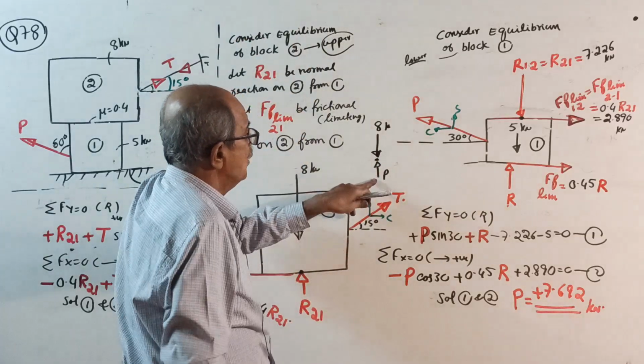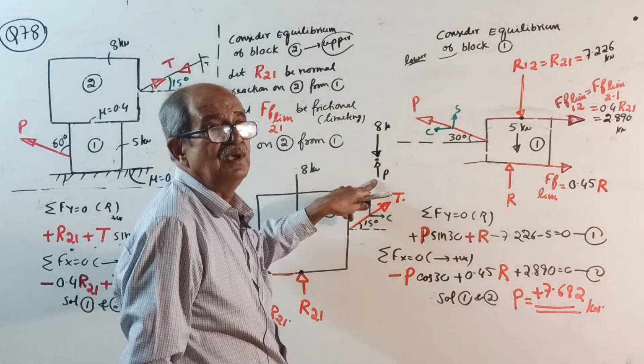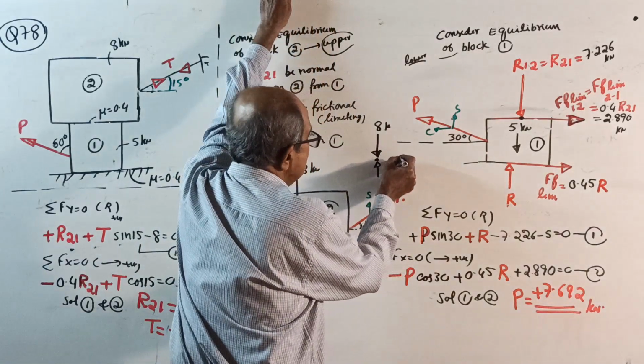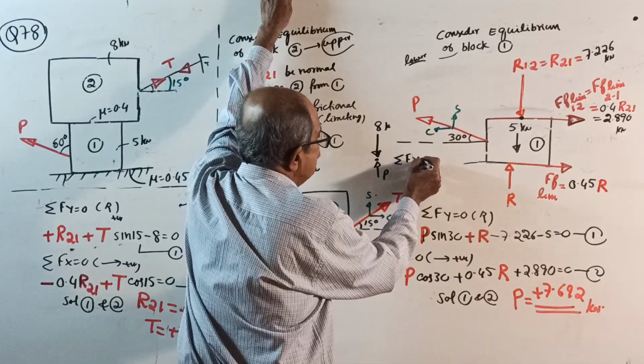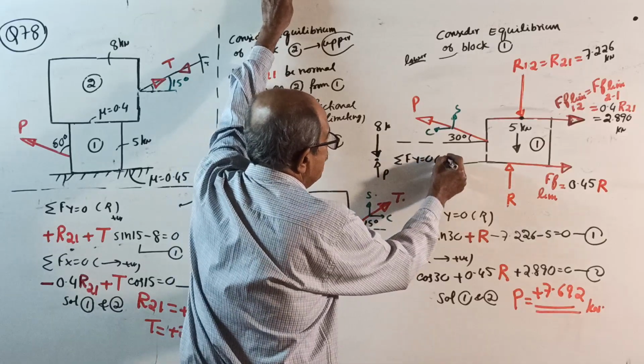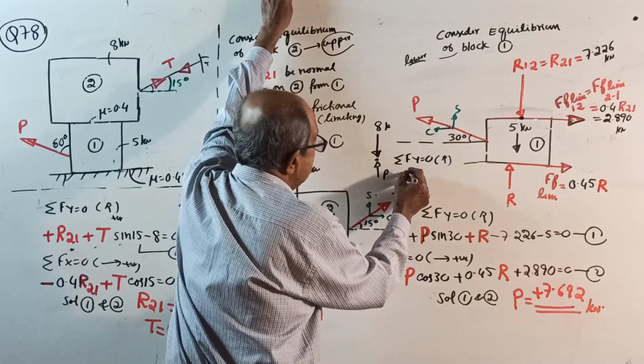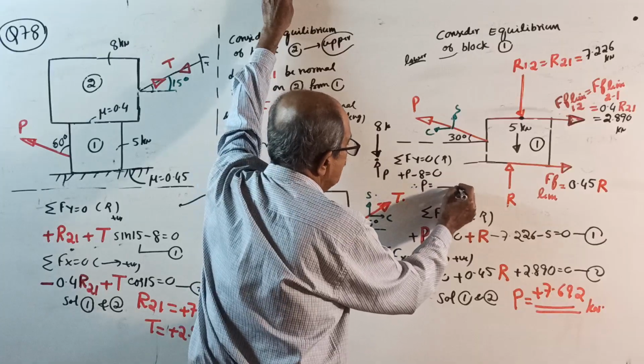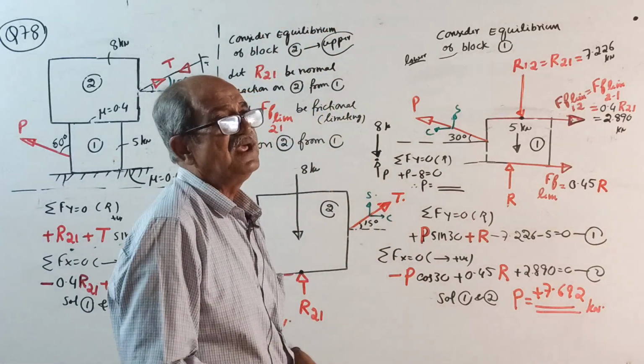I want to find P by equilibrium. Sigma Fy equal to 0, take upward positive. Plus P minus 8 equal to 0, therefore P equal to how much? All will tell, sir, 8 kilonewton.